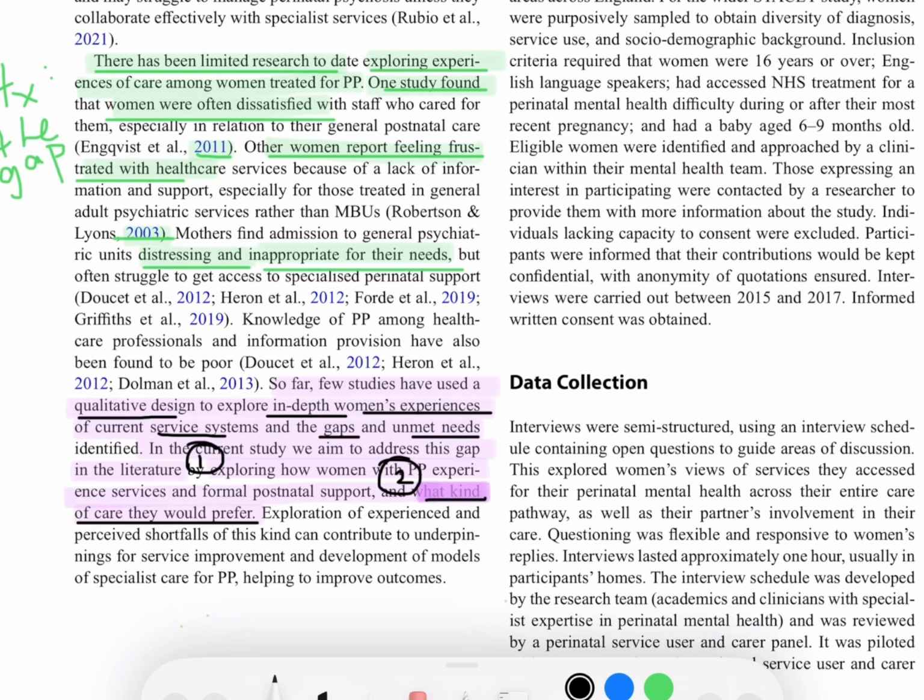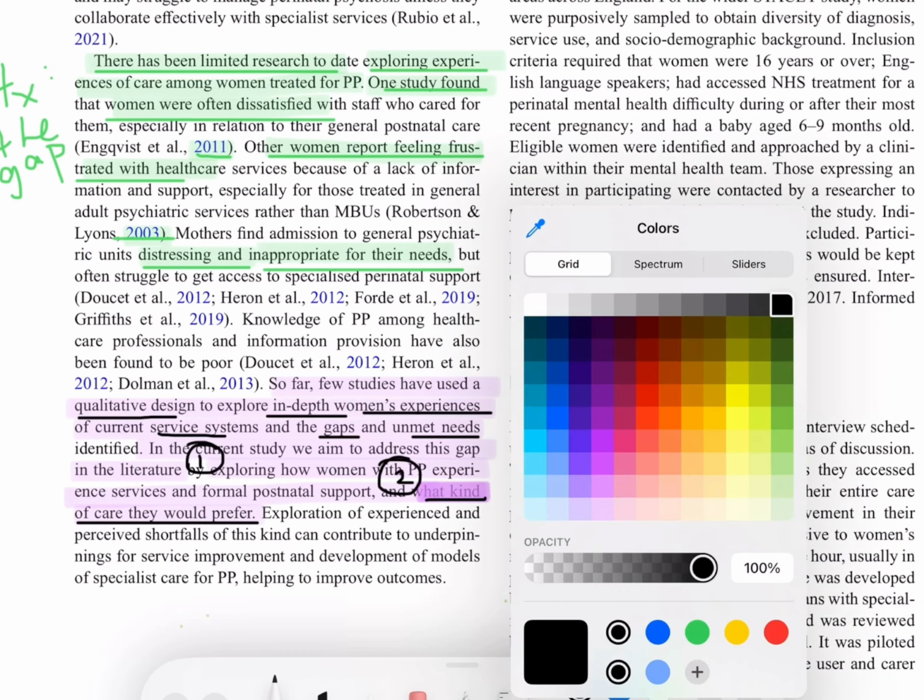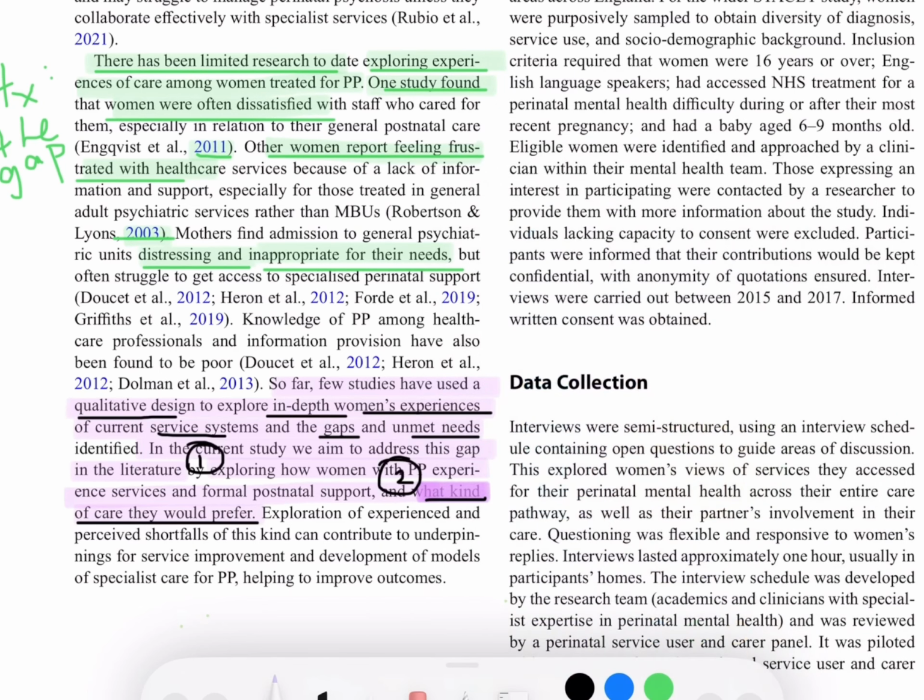Okay, what we haven't answered is why this is important. Sometimes that information comes before the research question, when the authors describe the gap, and sometimes it comes after. In this case, it comes after. They'll state clearly why it's important.